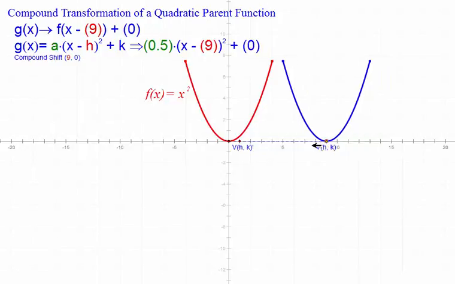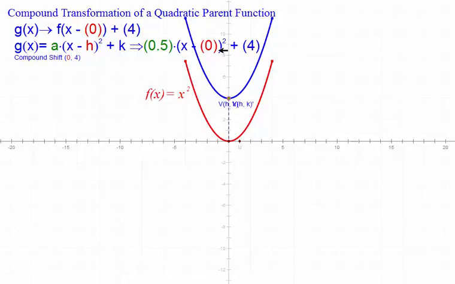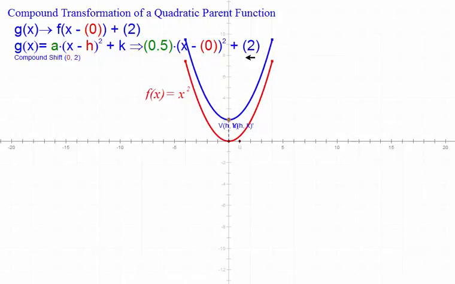Now I'm going to move along the y-axis. When I move along the y-axis, you can see the number which is not inside the parentheses, but outside, that is changing. When it goes 4 units up, it is a plus sign, which means it is going 5 units up. If I take it 2 units, it is 2 units up from the origin.